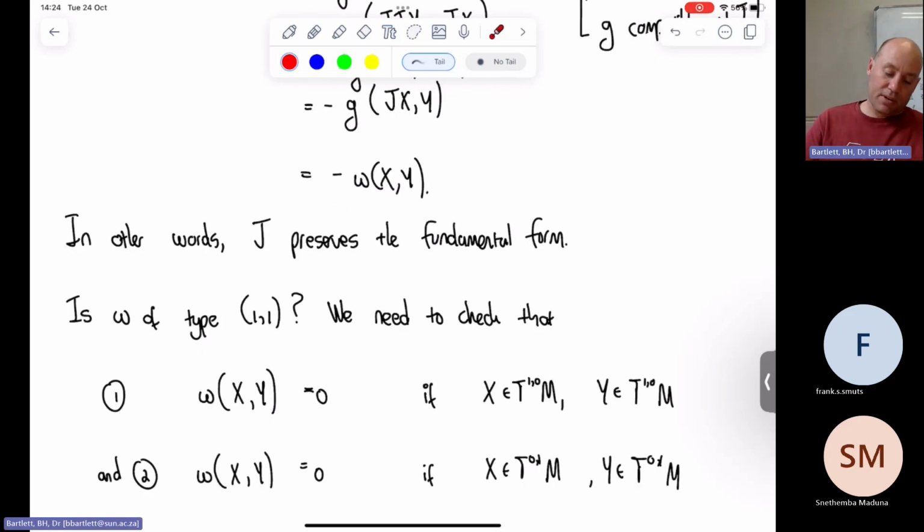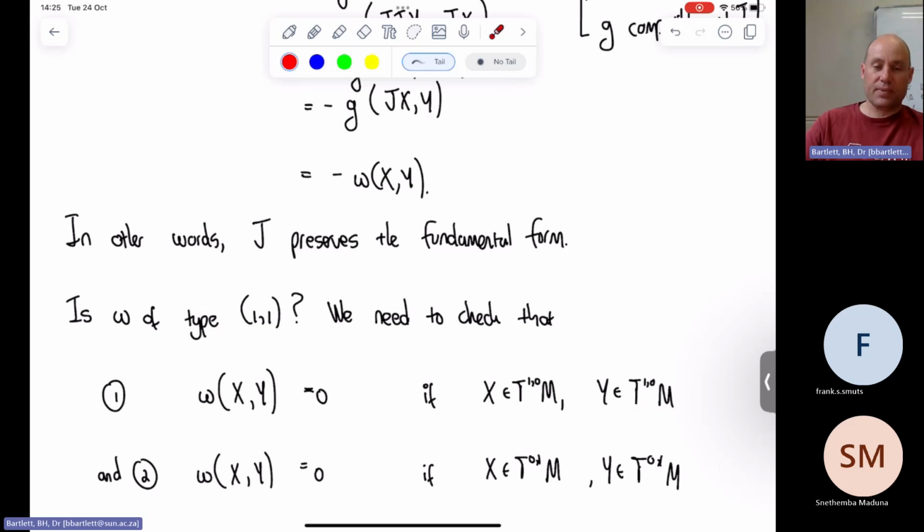Right? So I need to check 2 things: that if I feed it a pair of vectors where each of them is of type 1,0, then I want to get 0. And if each of them is of type 0,1, I want to get 0. So the only place where I can potentially get a non-zero answer is when I feed it a vector of type 1,0 with a vector of type 0,1. And that exactly is the statement that it's a 1,1 form. I never quite proved that lemma, but it's easy enough to prove and is in the book quite early on.